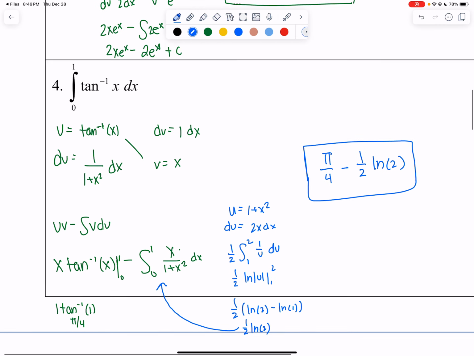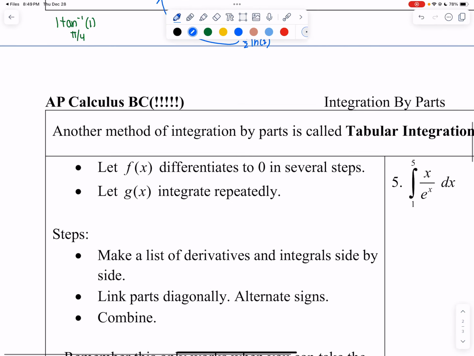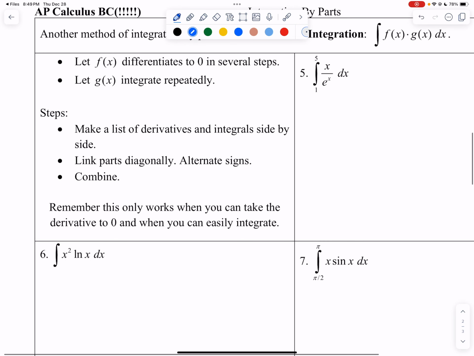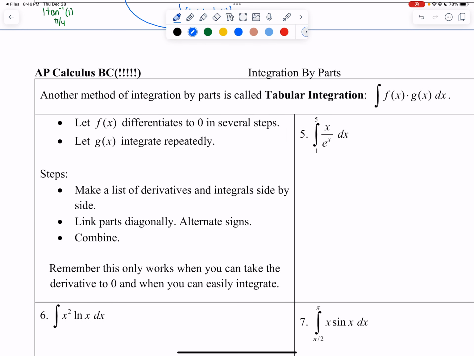All right, so I'm going to give you another method of integration by parts, and this is an easier method, and it's called tabular integration. Basically, if you have f of x and g of x, and one of them you can take the derivative of until you get a 0, and one of them you can integrate and know the integrals for, then you could use the tabular integration method.